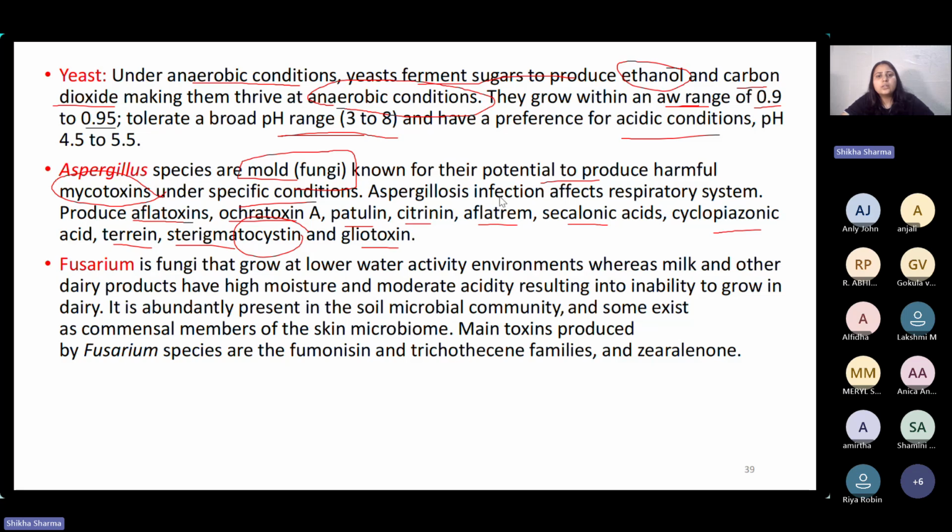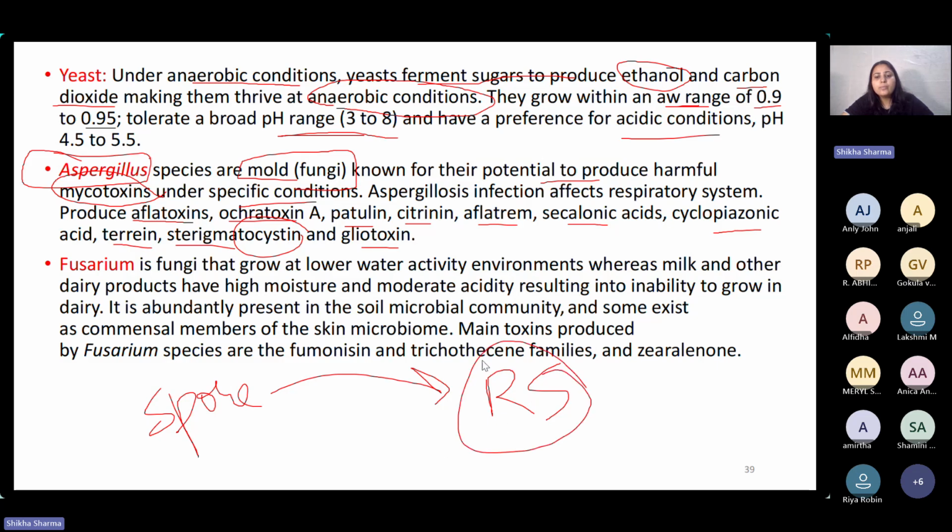Also, Aspergillus forms spores. These spores can go into the respiratory tract or respiratory system in the human body and cause an infection. That infection is known as aspergillosis, which affects the human respiratory system.